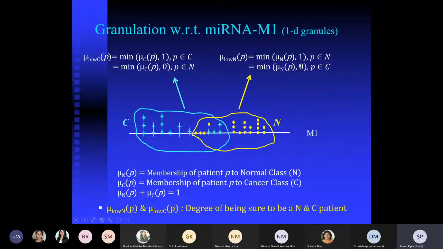This will be 0, only this will remain. That is, for patients from normal, I compute a normalized membership value, and that normalized membership value will indicate the degree of being sure to be a normal patient. Similarly, for a cancerous patient, the degree of being sure will be determined by the normalized membership value of the cancerous patient, not 1 or 0. It's all membership values.